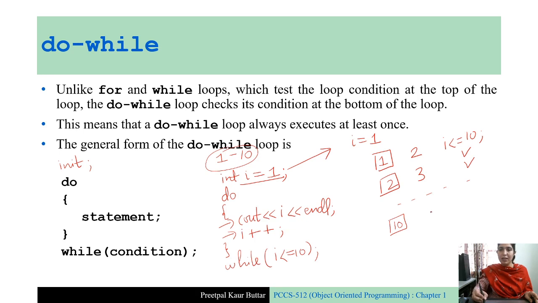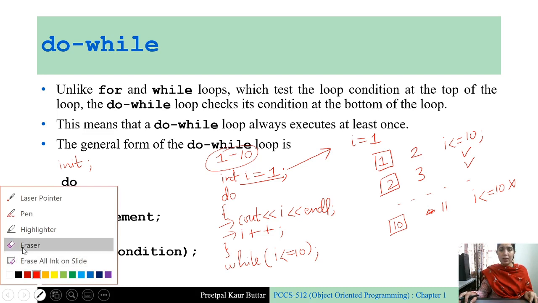So 10 will be printed, and then the increment will happen, i plus plus, i will become 11, and then condition checking: i less than equal to 10, 11 less than equal to 10, this condition is false. So the loop will stop here. In this way this loop is able to print all the numbers from 1 to 10.